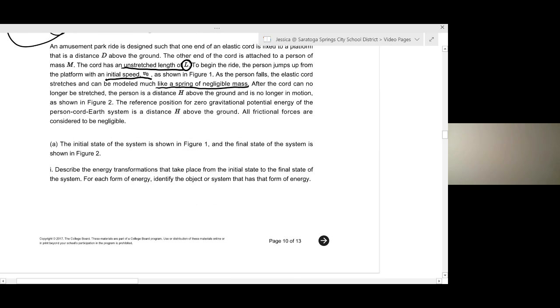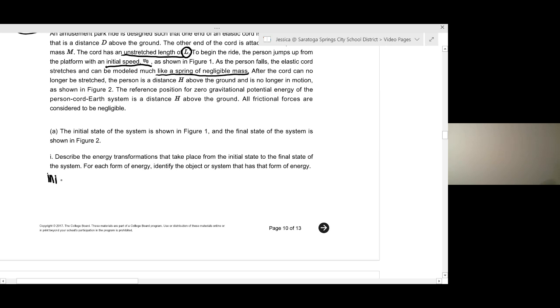So initially, the person has kinetic energy because that's the thing that's moving. And then the person-Earth system has gravitational potential energy. Remember, in order to have any kind of potential energy, you have to have that second object in your system, whether it's the Earth or the spring.